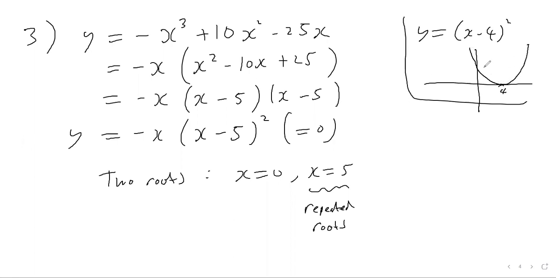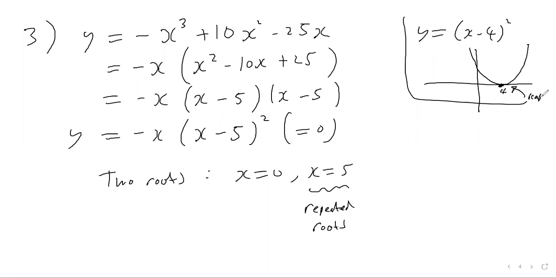A graph which touches the x-axis at a point is still a root, because a root is just where the graph meets the x-axis. But it's only tangent to the x-axis. It doesn't actually pass through the x-axis. So a root whereby the sketch only touches the x-axis is called a repeated root.